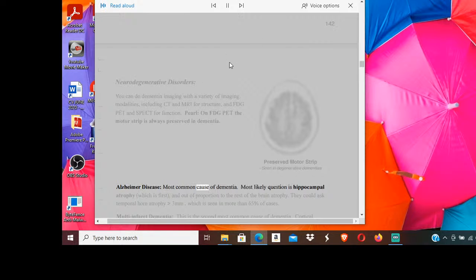Alzheimer's disease, most common cause of dementia. Most likely question is hippocampal atrophy, which is first, and out of proportion to the rest of the brain atrophy.